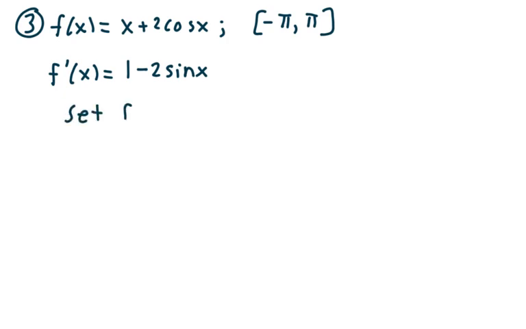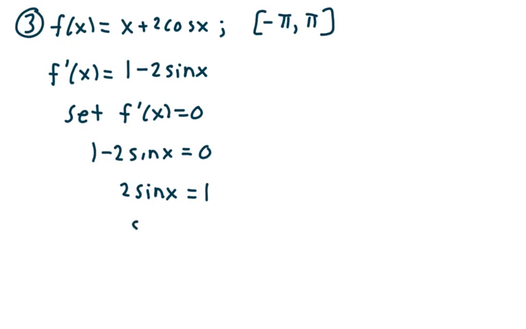Just like before, I'm going to set f prime of x equal to 0. So 1 minus 2 sine x equals 0, so 2 sine x equals 1, so sine x equals 1/2.